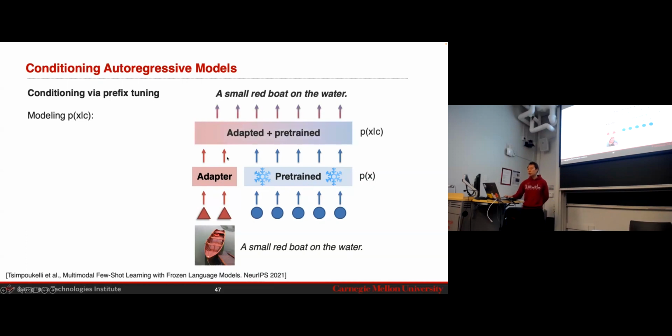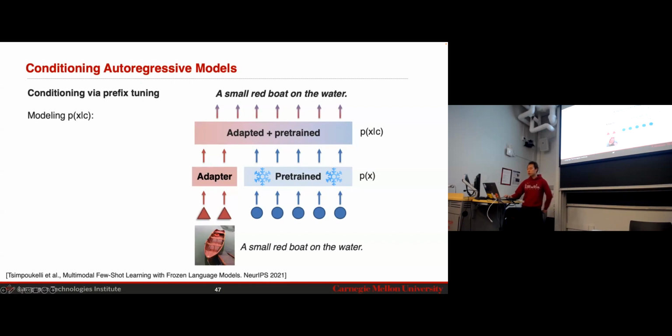So that it can be seen and processed in the same way as these language model tokens. So we call these adapters. Usually these adapters are much smaller than the language model itself. It can be as simple as a linear mapping that takes in pre-extracted image features from a vision model, a linear mapping into language model token embedding space. It can be as simple as that, and people find that it works, right?